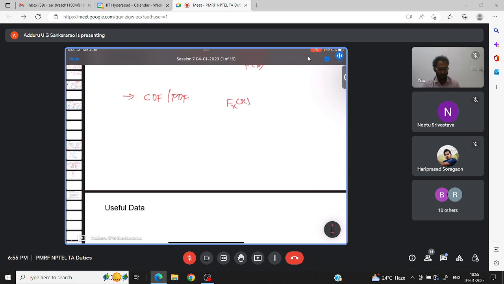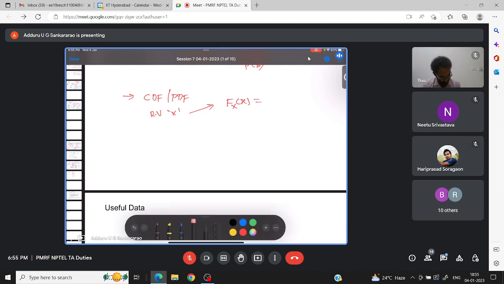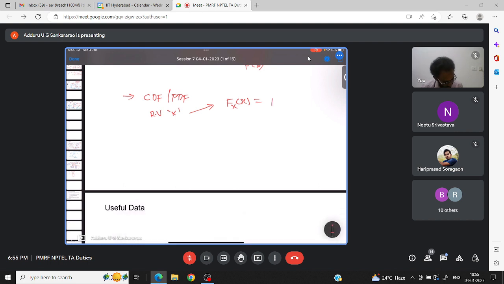For a random variable X, the CDF is given by FX of x equal to probability of X less than or equal to x. This is the definition; you can see it in the textbook.